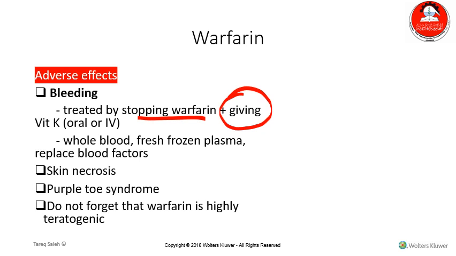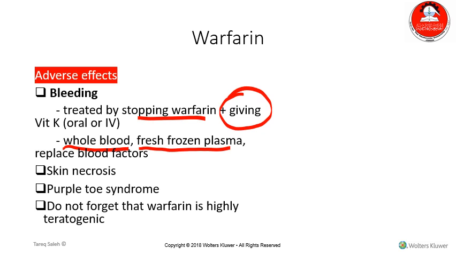Now, because vitamin K requires 24 hours to start working, if the bleeding was very severe, you will need to replace coagulation factors in the patient, and that is achieved either by giving whole blood or blood transfusion or the administration of fresh frozen plasma, which contains a variety of coagulation factors that are required for proper coagulation.